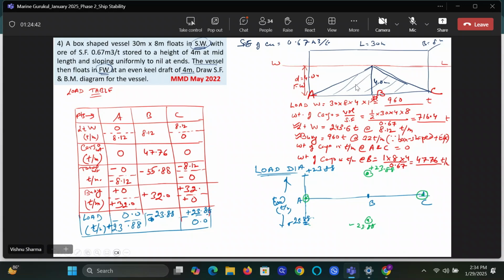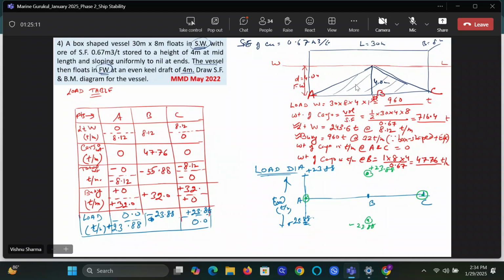Guys, look at the diagram and now tell me, which are the three forces which are responsible for the changing load in tons per meter? Which are the three forces responsible for the changing load from point to point? What are the three forces?